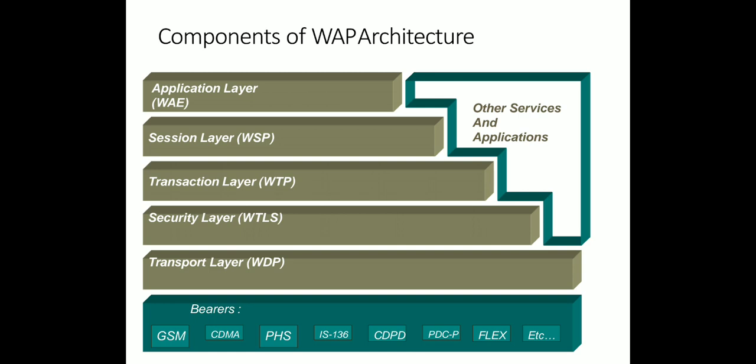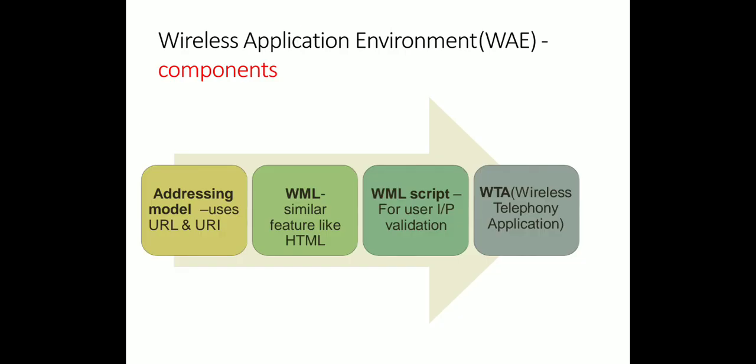Then, how the WAP model actually works can be seen with the following components. It uses the wireless application environment, which is made up of the addressing model, WML script, and WTA.